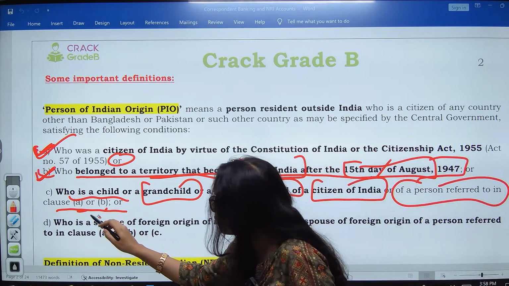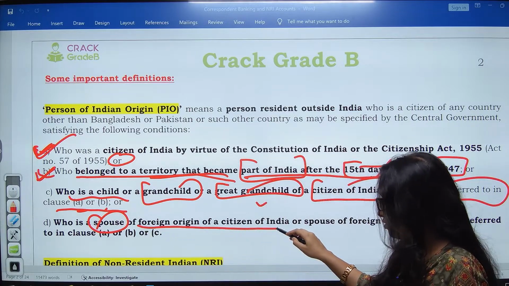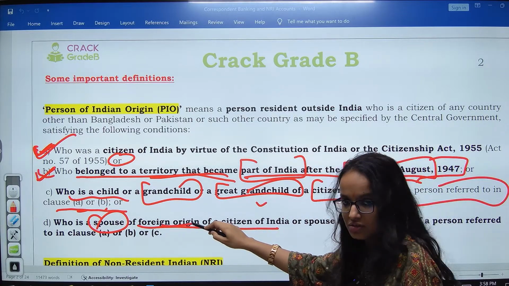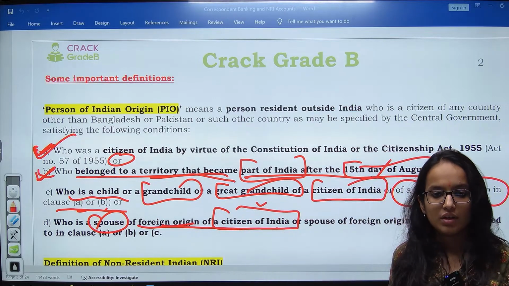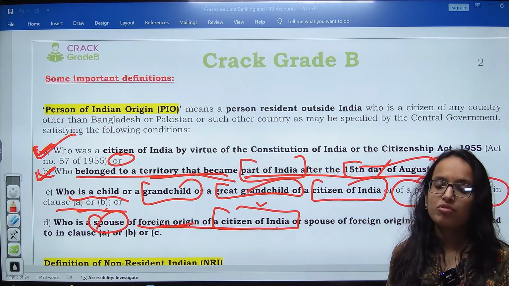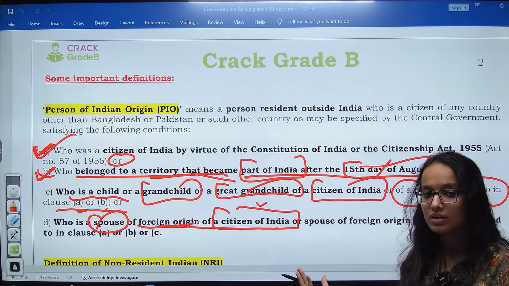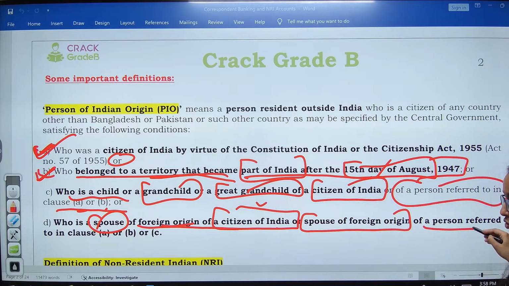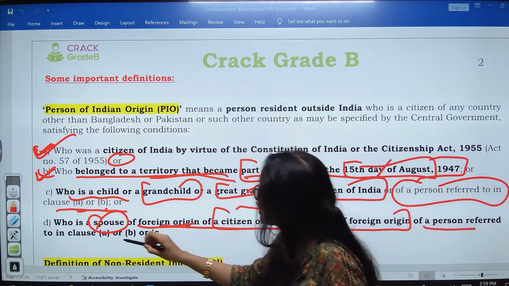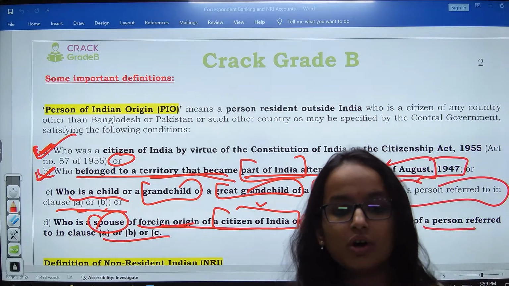A spouse of foreign origin of a citizen of India, or a spouse of foreign origin of a person referred to in clause A, B or C. That person can also be classified as a person of Indian origin.